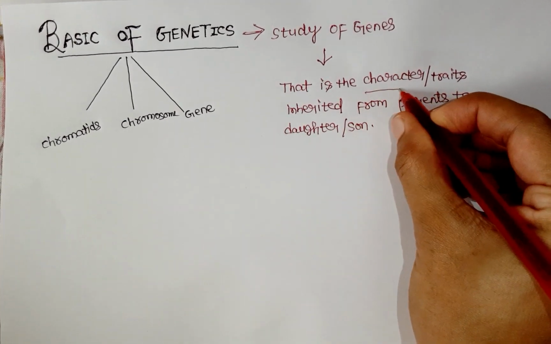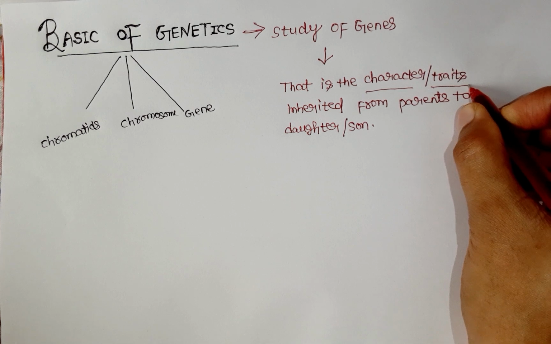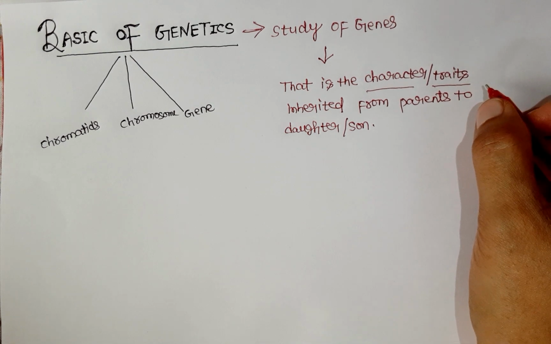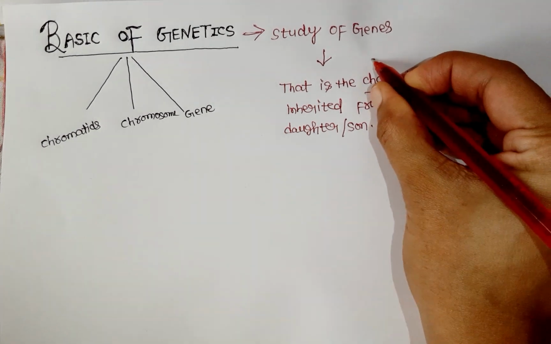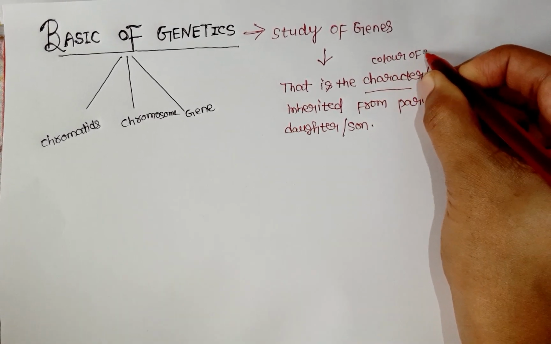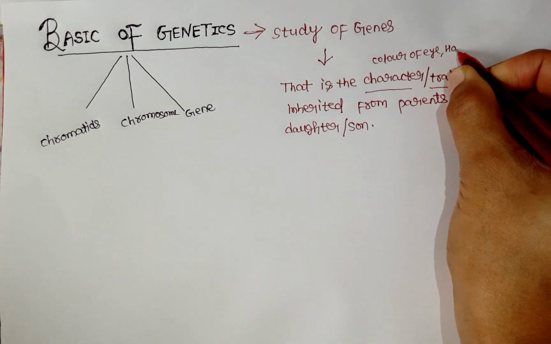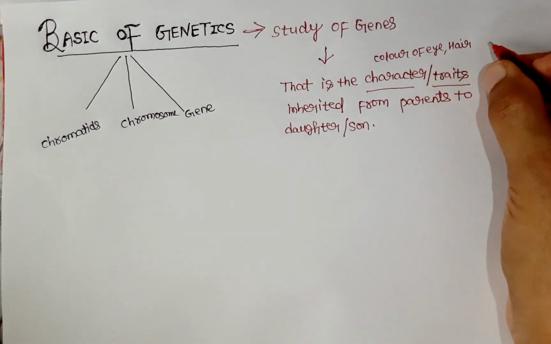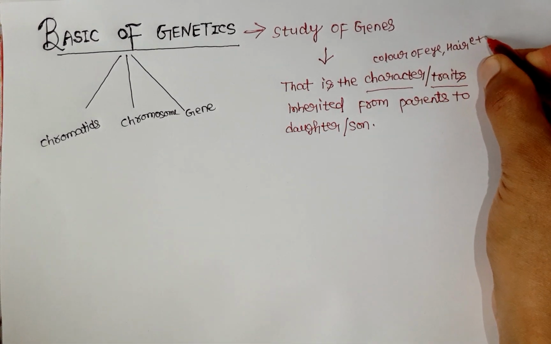What are those characters which are inherited from parents to their daughter or son? That is the color of eye, hair, etc.